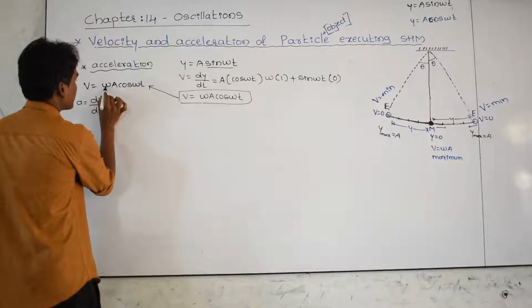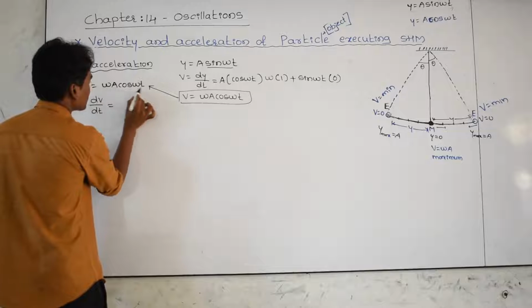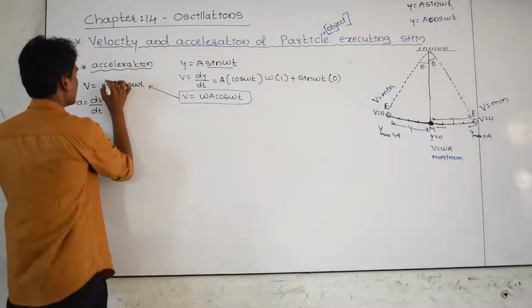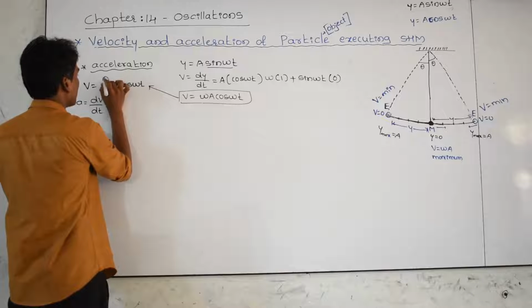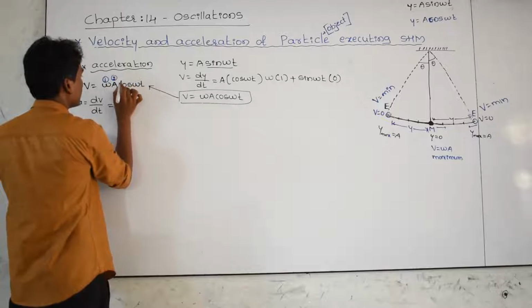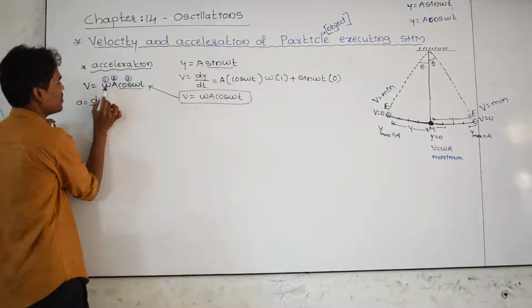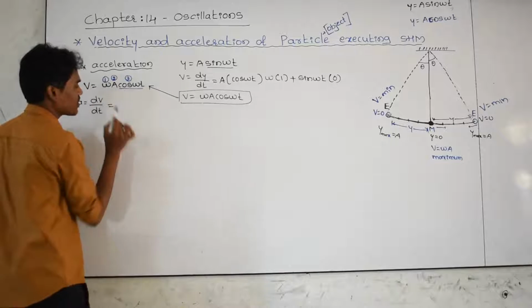Again differentiate this function and keep the other two as they are. Here three functions are there: this is the first function, this is the second function, and this is the third function.